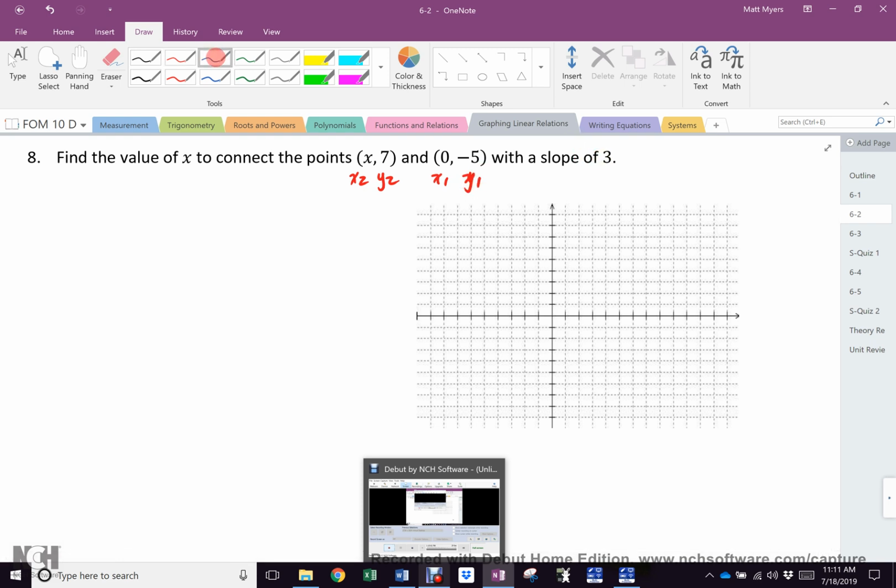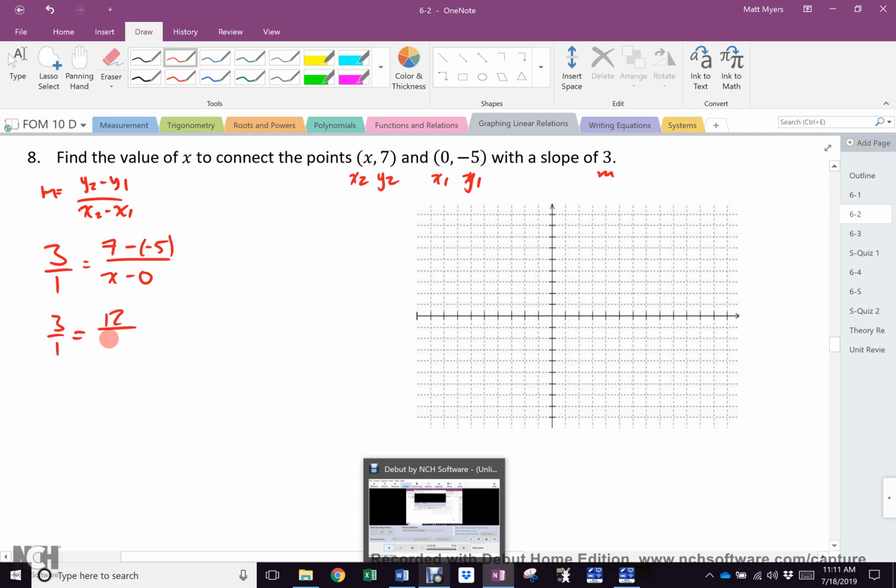My slope is 3, so there's my m. m equals y2 minus y1 over x2 minus x1, 3 over 1, because 3 is really 3 over 1, equals 7 minus negative 5 over x minus 0. 7 minus negative 5 is the same as 7 plus 5, so that's 12 over x. 3x equals 12, because right there I cross multiply. x equals 4.